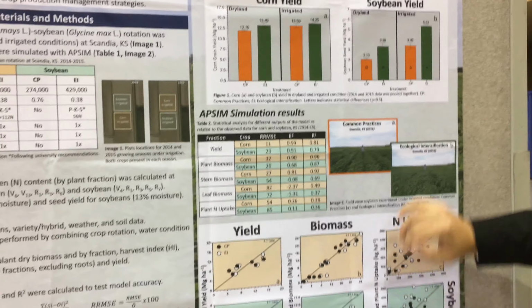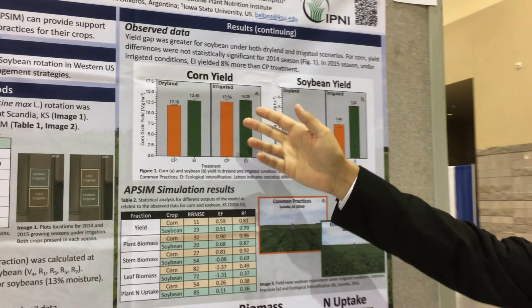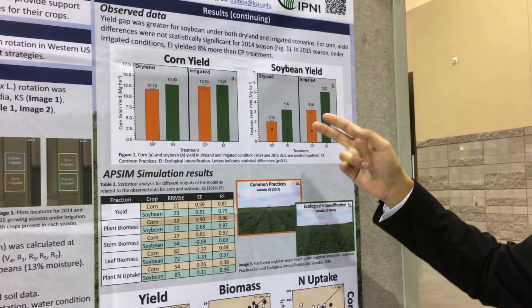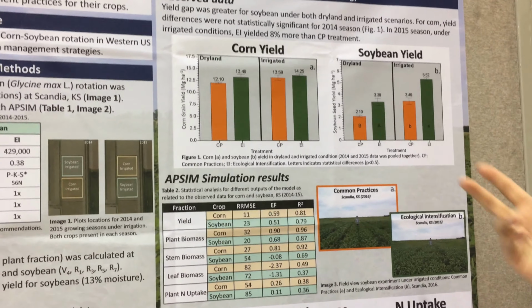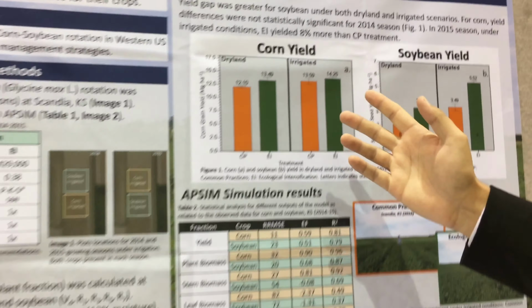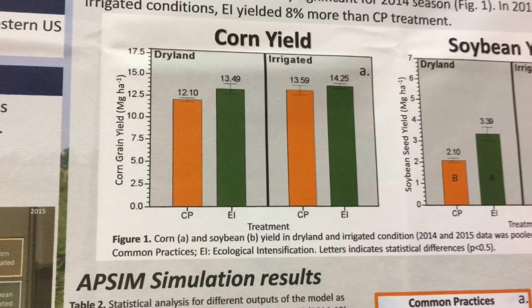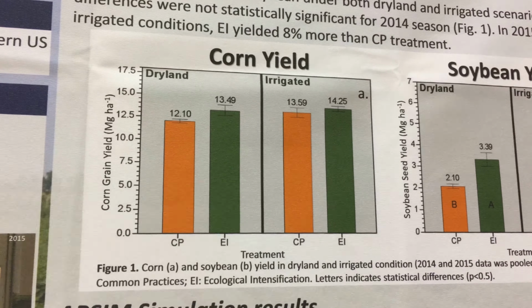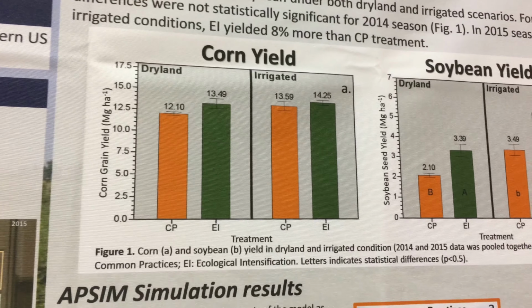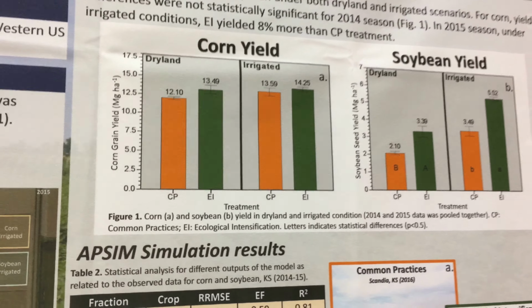Before going to the results of the simulations, we are showing here the corn yields and the soybean yields for both years. We pooled all the data together. In corn yield, we found that we don't have a big yield gap, and one explanation is that the fertility of the site and the weather conditions for the growing seasons were good.